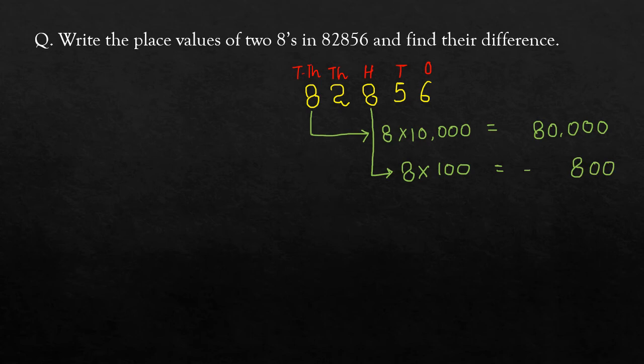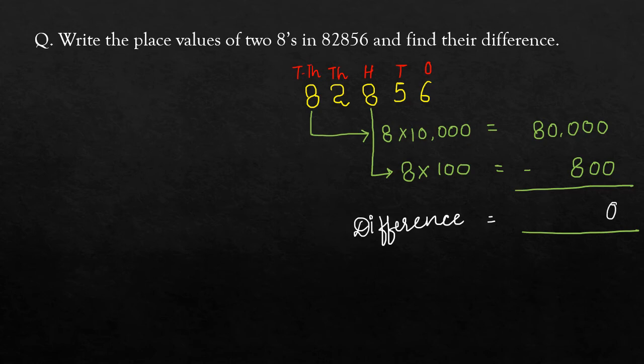We have to find out difference between these place values. Difference means we have to subtract them. So difference will be equal to, subtract them, 0 minus 0, 0, again 0 minus 0, 0. Then we have to subtract 8 from 0.